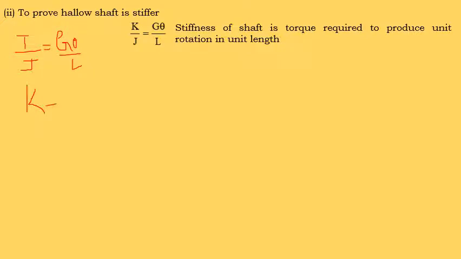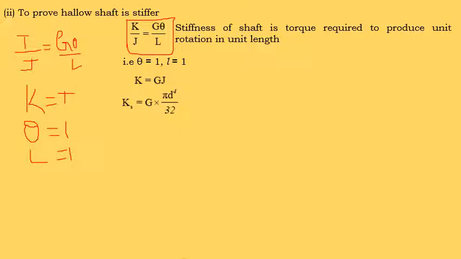Therefore, in place of torque we can represent it by K, but we have to consider theta equal to 1 and length equal to 1. Therefore this equation becomes K is equal to G into J, because theta is equal to 1 and L is equal to 1.